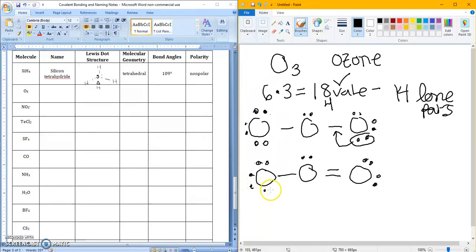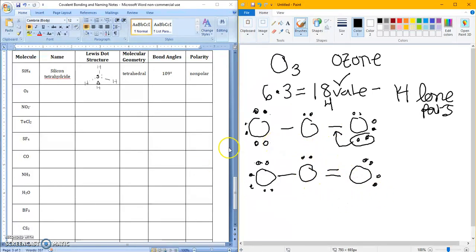Now, I could have taken these 2 electrons and made a double bond over here. Totally fine. Same, accurate, all good. Remember that when we have double bonds, that means that we have resonance structures, which means the electrons are moving, and technically both of these guys can be double bonds, and the electrons are just moving back and forth. So either one is good.